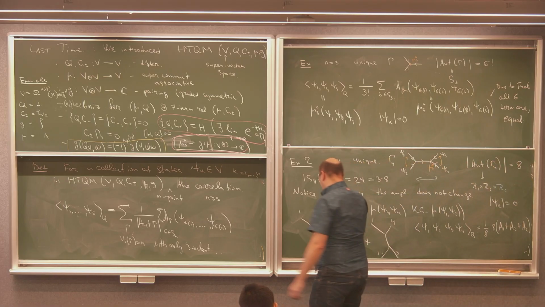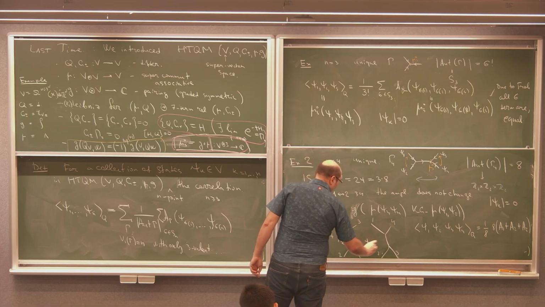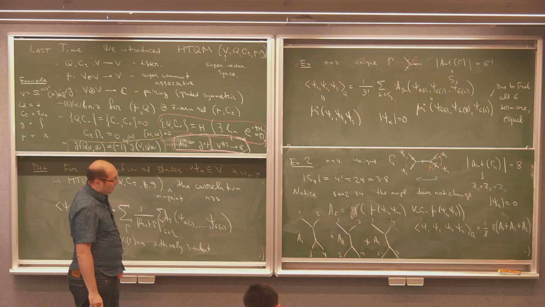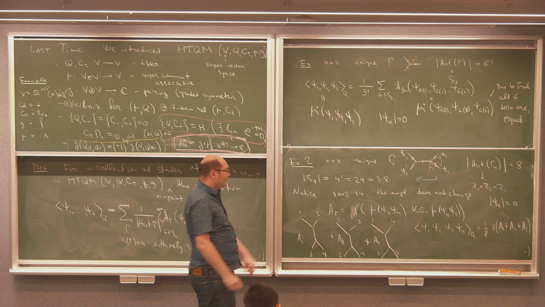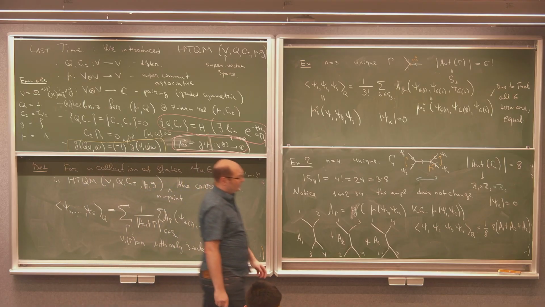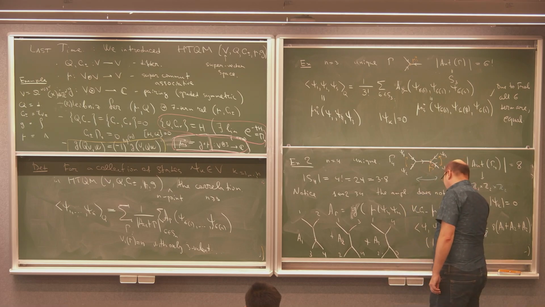And this sum is also quite famous in particle physics. In particle physics, these 3 labels are traditionally called S, T, and U channels.